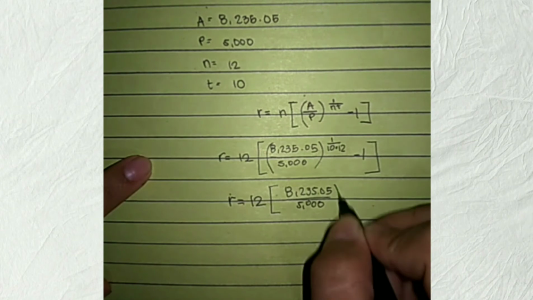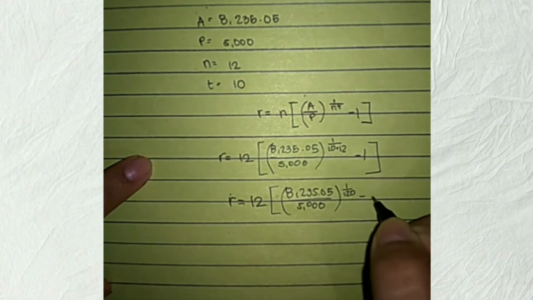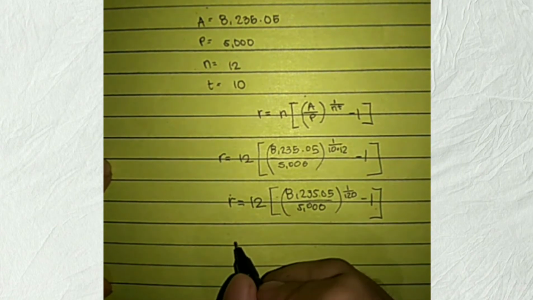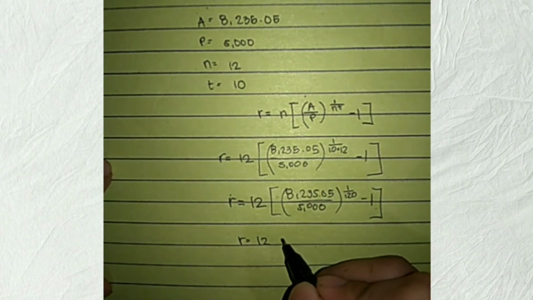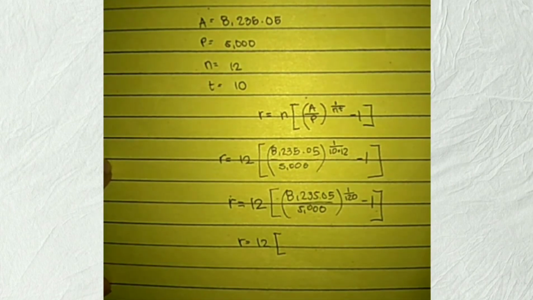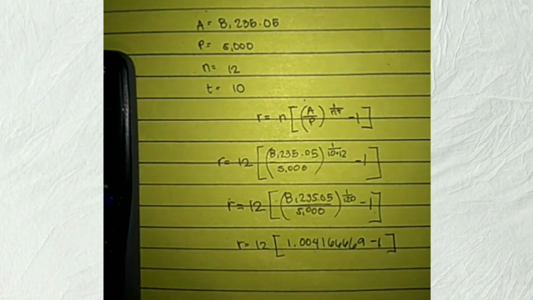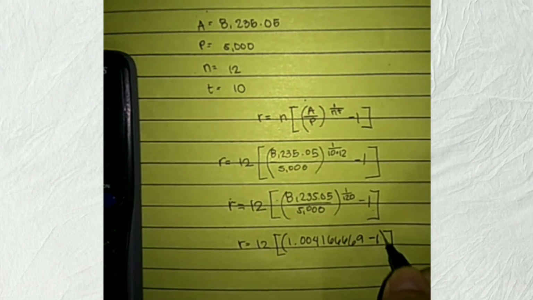We will compute first our exponent, equals 1 over 120. Next, we will compute our A over P. We can directly put it in our calculator. It is equal to 1.00416669.